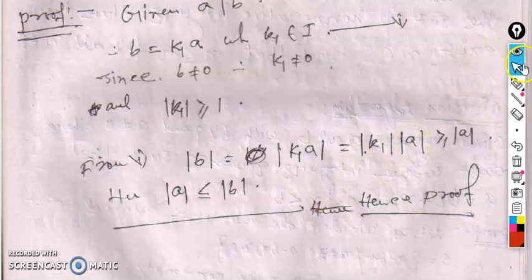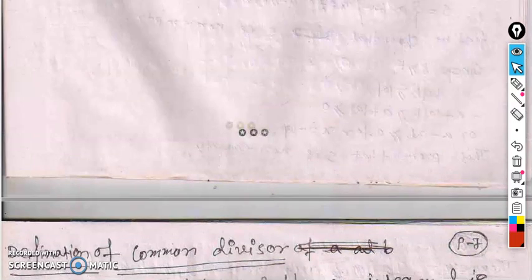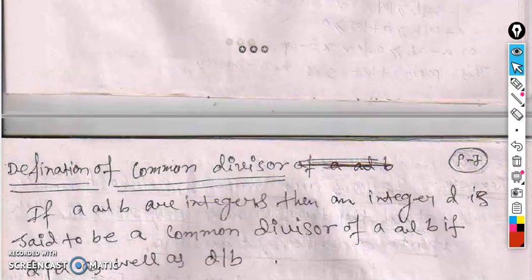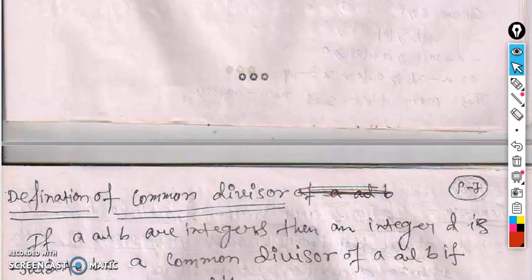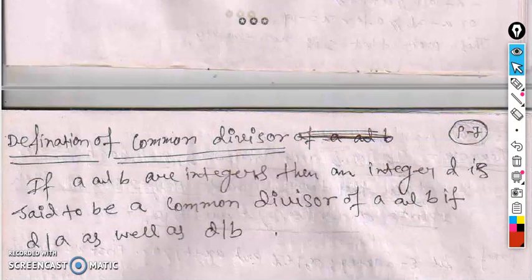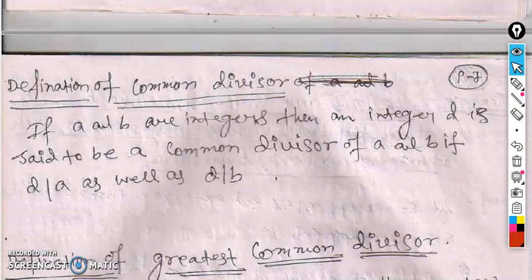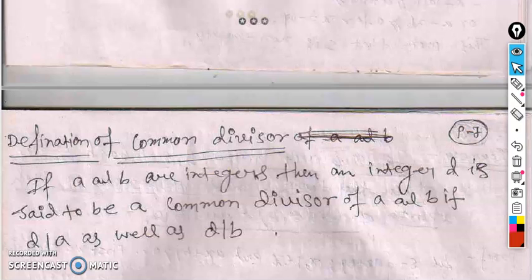Okay. Next we move to another definition, the greatest common divisor, because we mentioned in this lecture that we would define a common divisor. It's a basic idea. What is the meaning of common divisor?